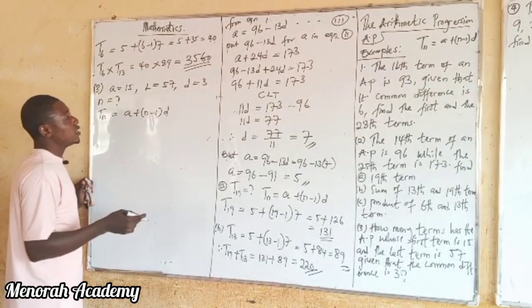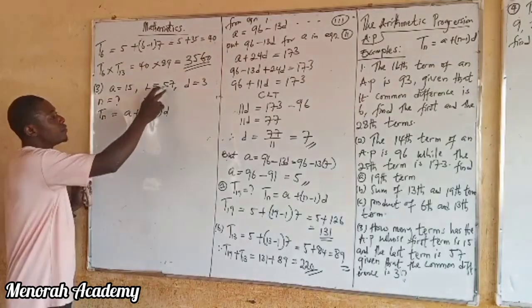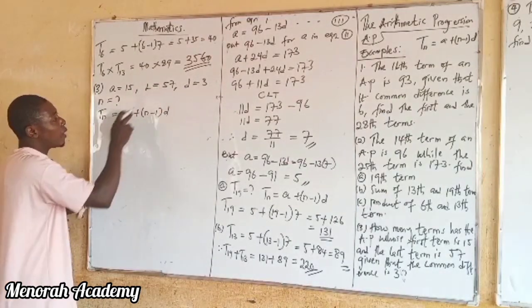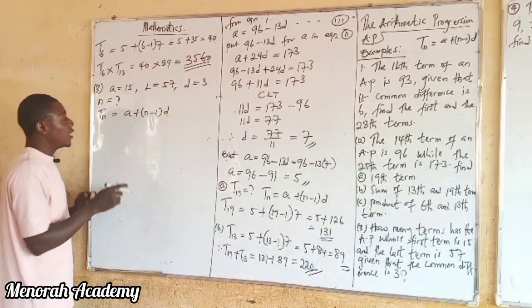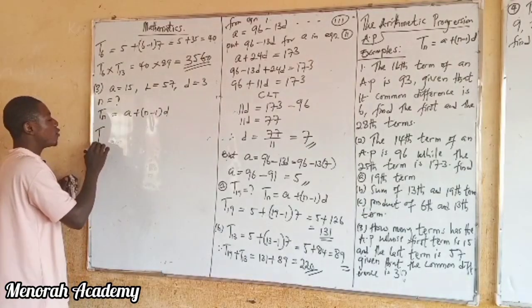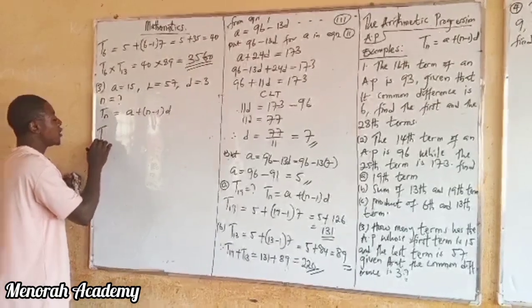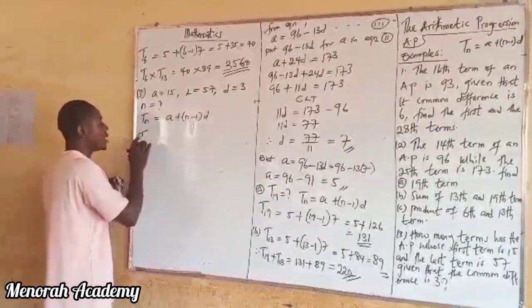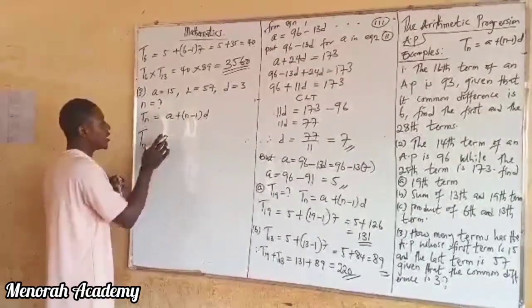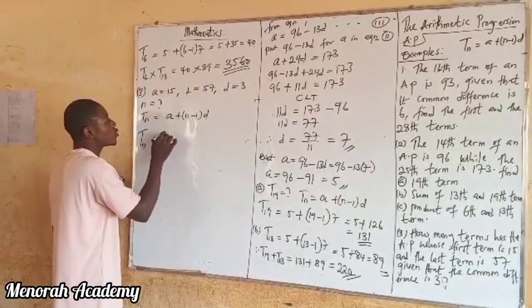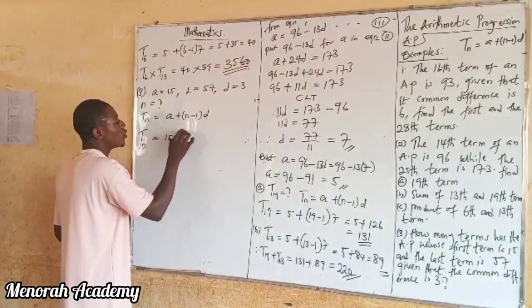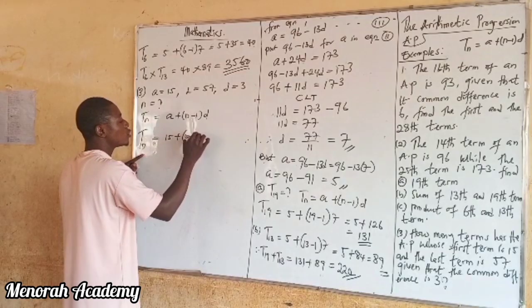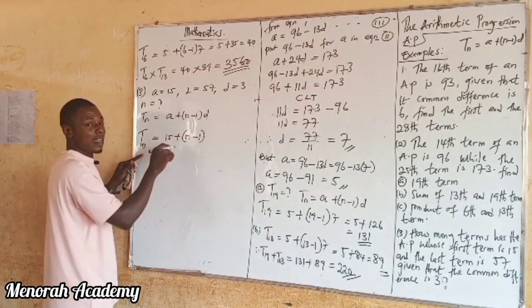If 57 is the last term, that means we can say t of n, which is the last term, is equal to our a, which is 15, plus n minus 1. We are treating n as the last term.